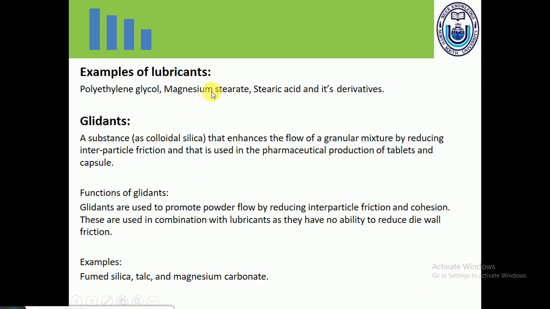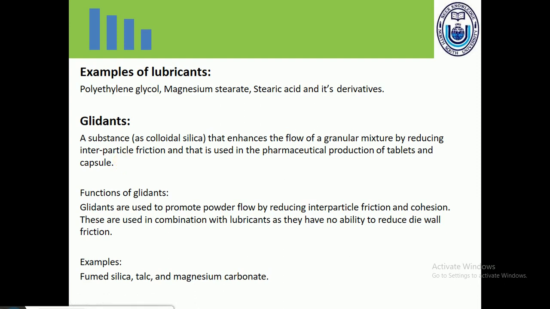Another one is glidant. A glidant is a substance, like colloidal silica, that enhances the flow of granular mixtures by reducing the interparticle friction, and it is used in the pharmaceutical production of tablets and capsules.